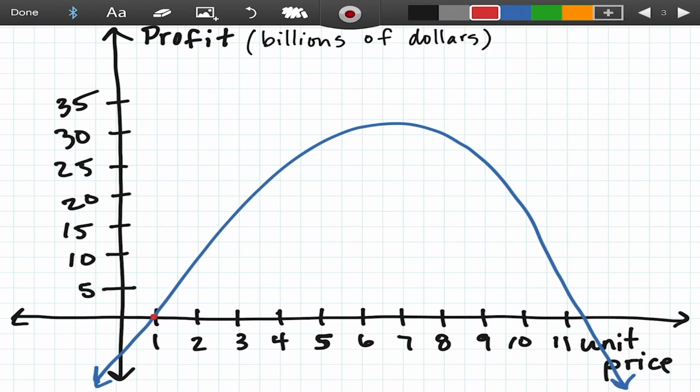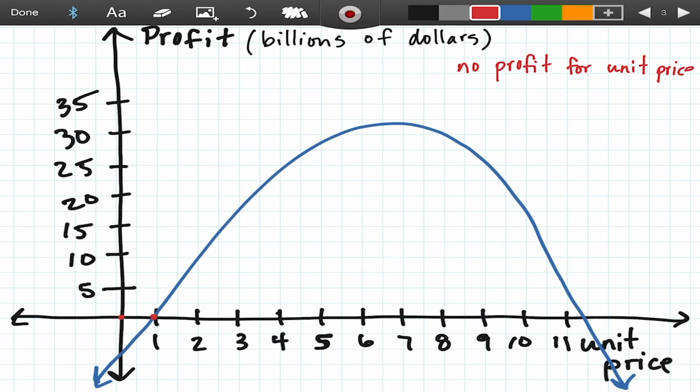If we sell our whatever for $1 a piece, how much money will I make off of it? $0. I will not make anything. There will be no profit. Okay, so no profit for unit price under $1, right?